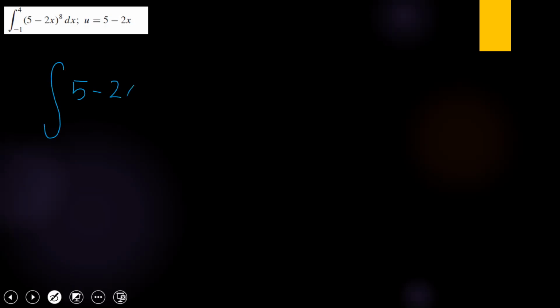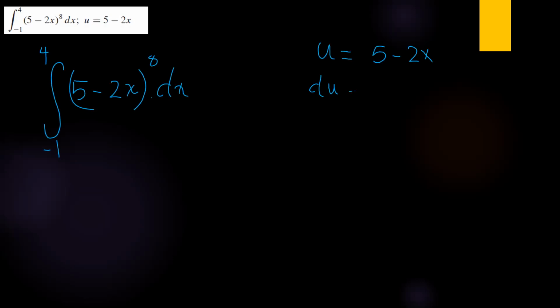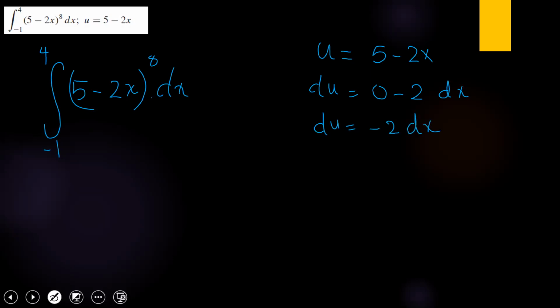So (5 minus 2x) to the power 8, let's assume that u is 5 minus 2x. So du, since I assumed u, I need to find the derivative of u. It will be 0 minus 2 dx. So du now is negative 2 dx.